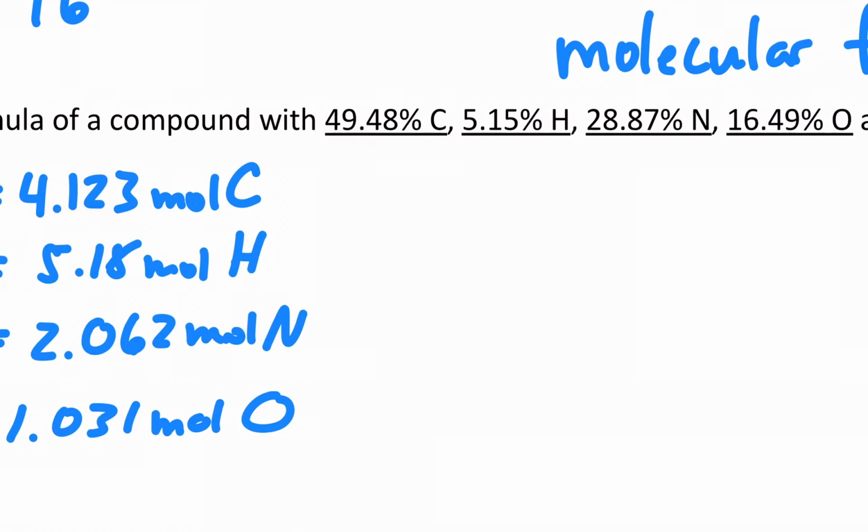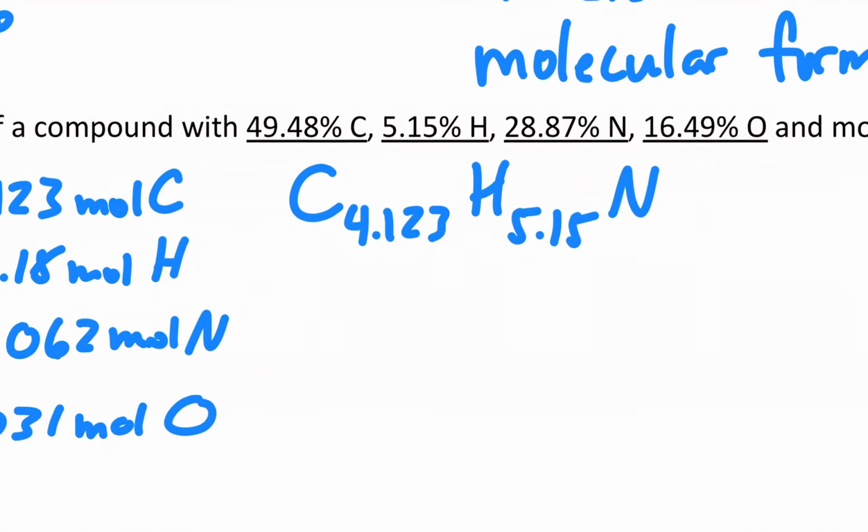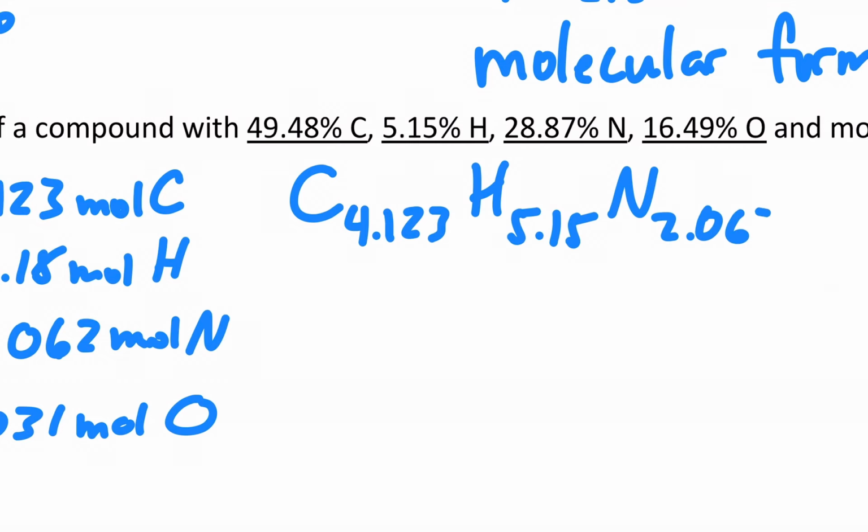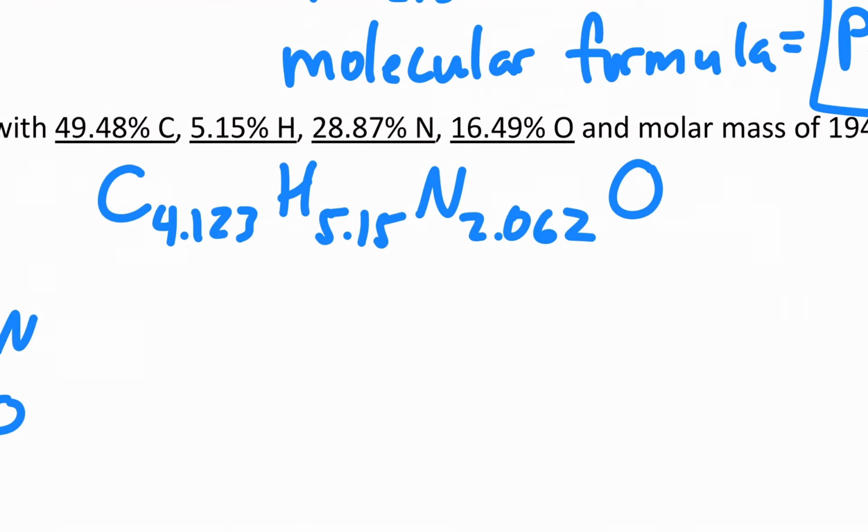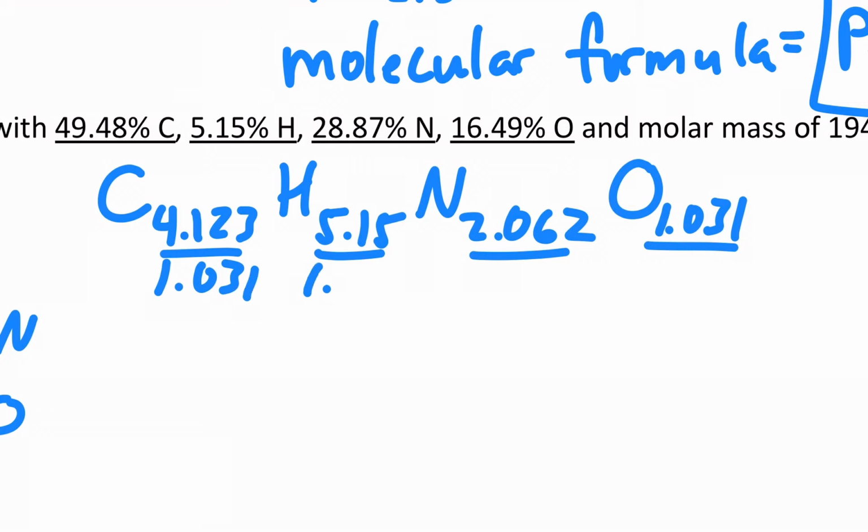So when I normalize, I have carbon 4.123, hydrogen 5.15, nitrogen 2.062, and oxygen 1.031. We normalize, divide all of them by the smallest one, that's the oxygen value. So everybody gets divided by 1.031.